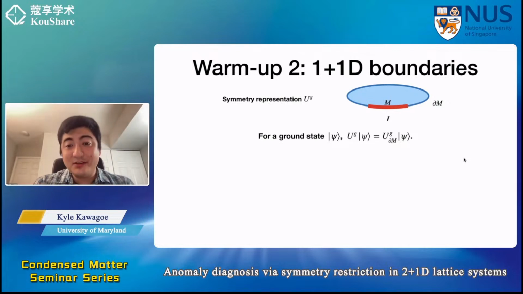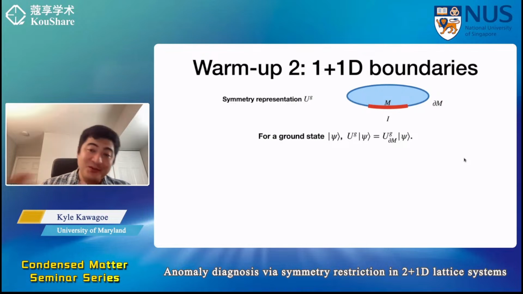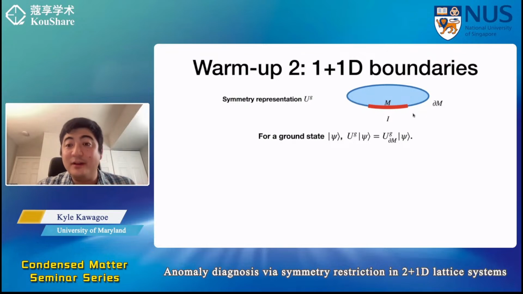So suppose you now have a 1+1D boundary theory on the boundary of a 2+1D SPT. And let's say the action of this symmetry can be imitated by some operator that only lives on the boundary on all the ground states. So now we'll play a similar game to before.